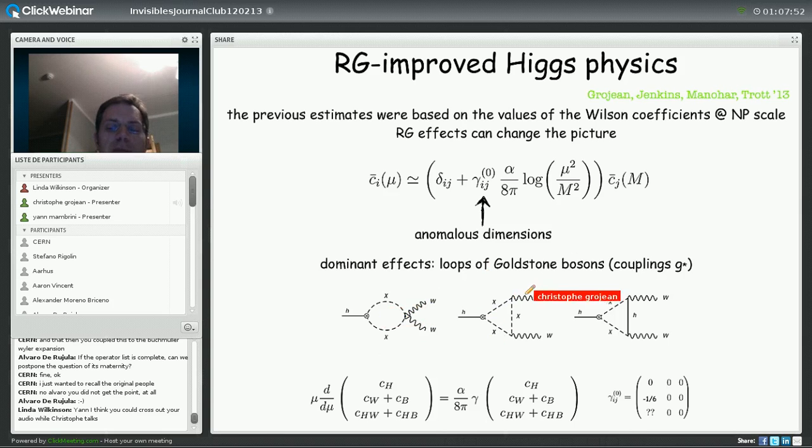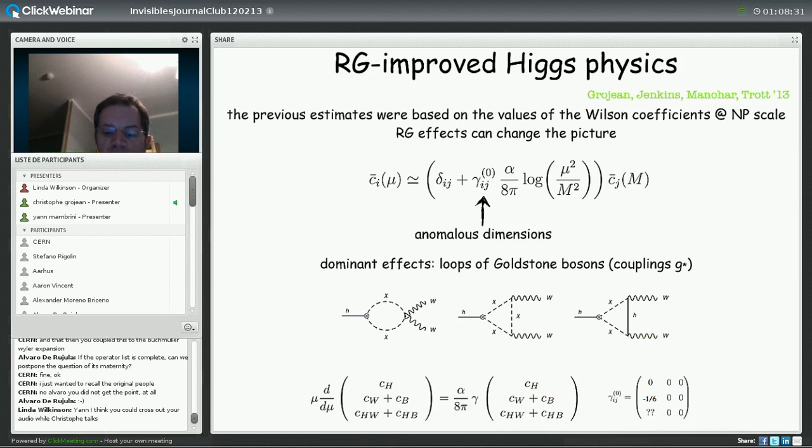The dominant effects are of course coming from the loops of strongly interacting degrees of freedom, in particular the loop of the Goldstone bosons, which have a coupling that scales like g star and not g weak. Here I have represented a few of those loops. For instance, they could give you anomalous contributions from operators that were tree-level operators like CH or CW plus CB, down to operators that were loop suppressed like CHW and CHB, the ones that give rise to H to gamma Z, for instance.